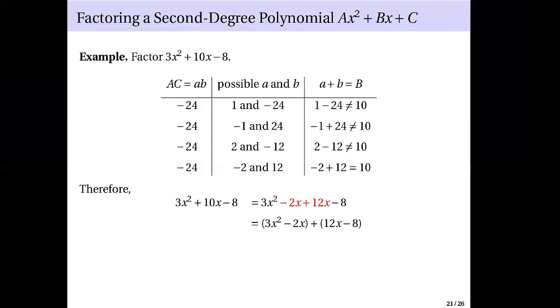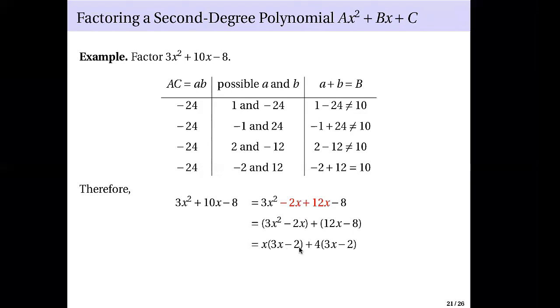And then we see x is a common factor in this part, so we can move it out. In this part, you have 12x minus 8. 4 is a common factor. So in that sense, we can now factor x times 3x minus 2, and then you have 4 times 3x minus 2.